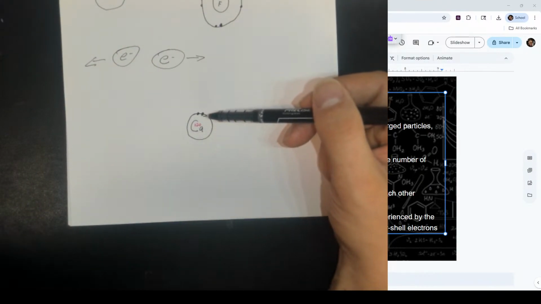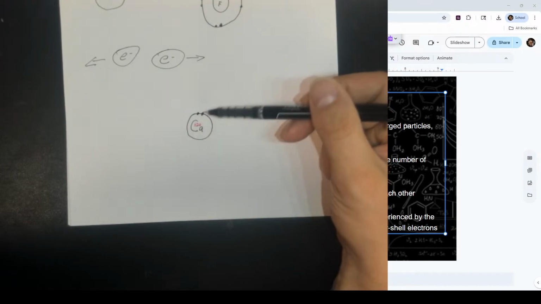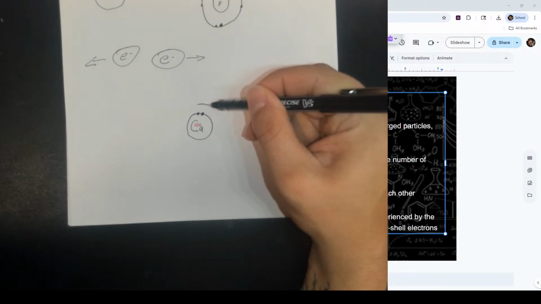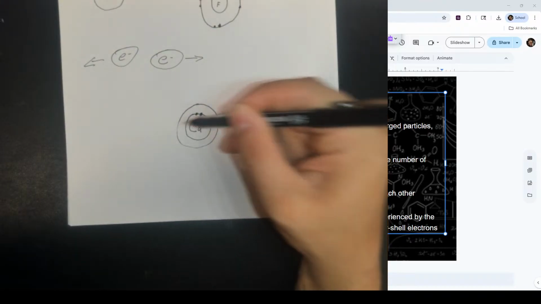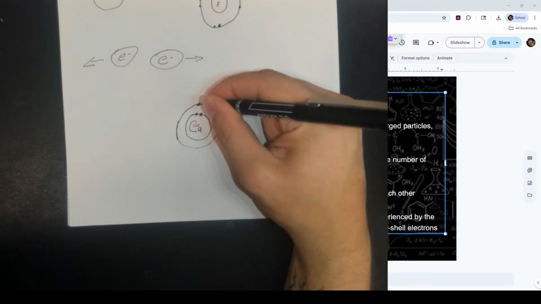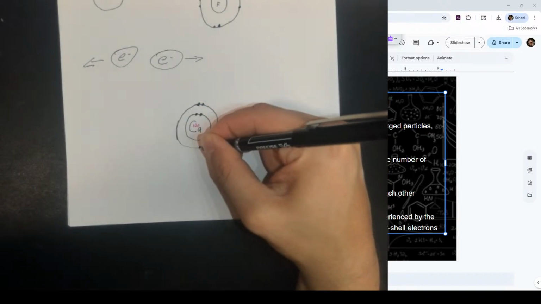But these electrons are negative. So their charges start to counteract, and they start to eat up part of that positive charge. So now, when I have my second ring of electrons, my second period on the periodic table, second shell, these guys don't feel a plus 20 charge.